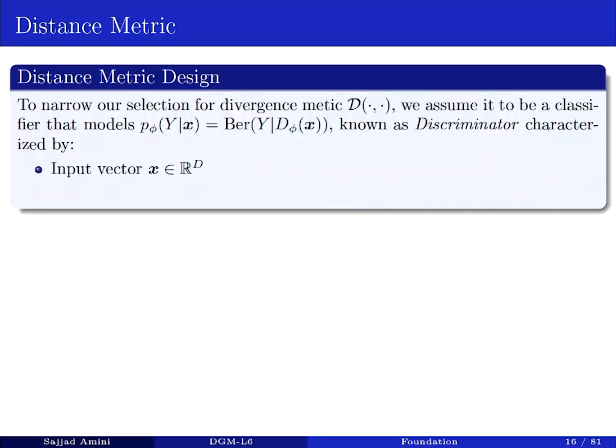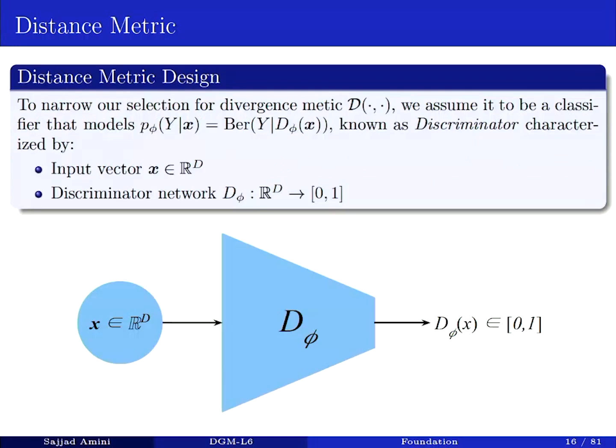So you generate this labeled data set, and then we see that a potential distance metric can be a classifier that works on your labeled data set and, based on the input, decides whether the source of the generation is your true data distribution or it is coming from the model distribution. When it is coming from the model distribution, an optimal discriminator will assign 0 at the output, and on the other hand, it assigns 1.